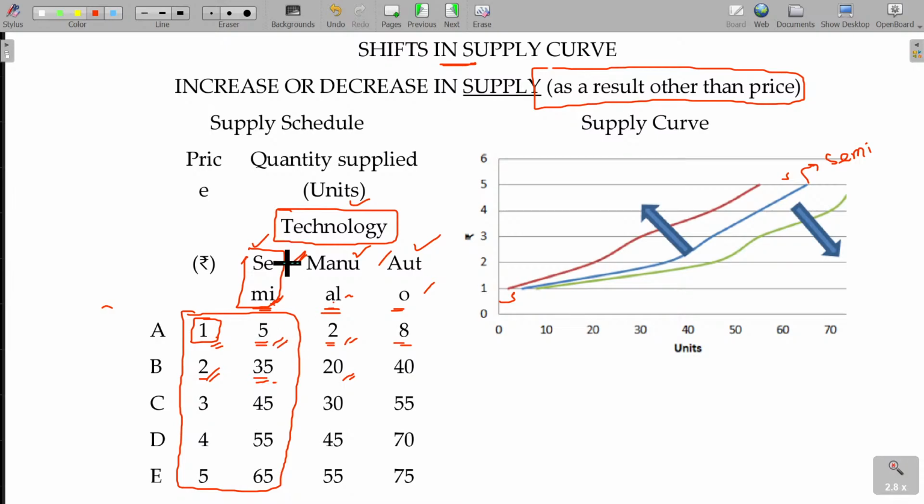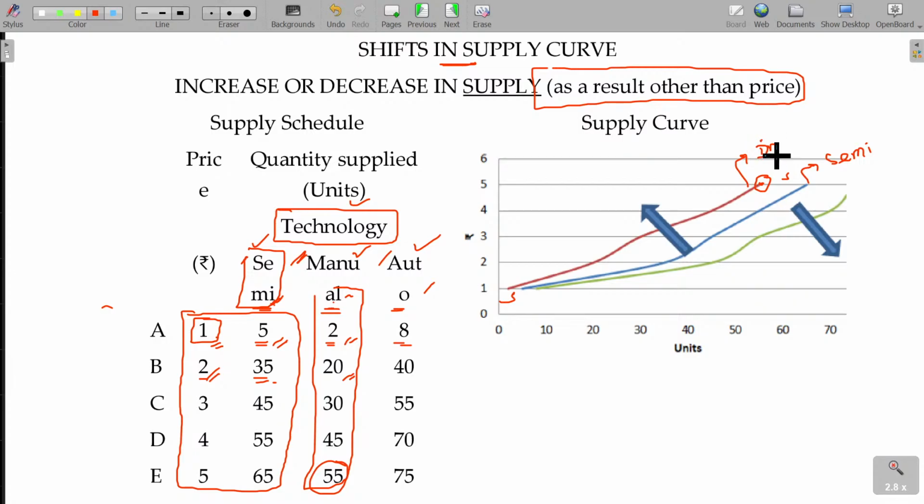If I plot this manual one, the curve will be the green one. When the price is 5, the quantity supplied is 55, shown in red. So this will be called a decrease in supply.